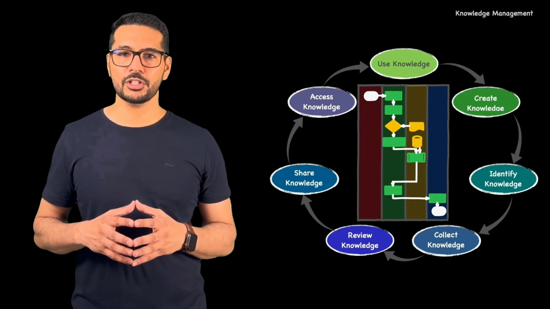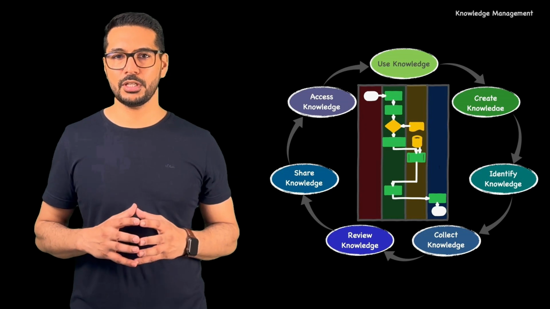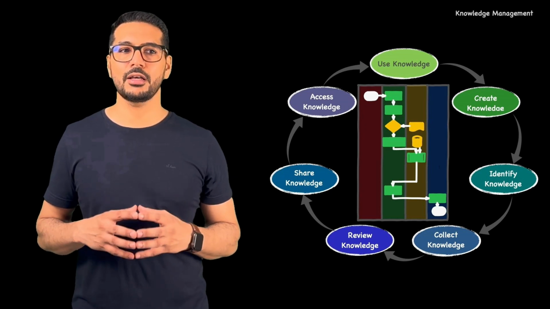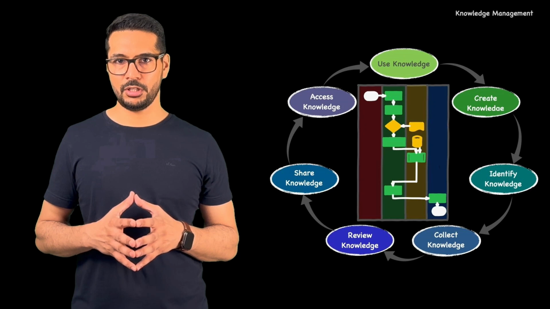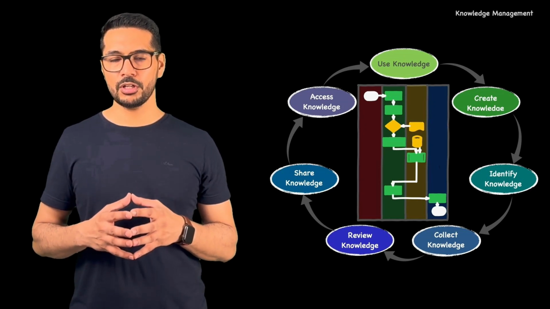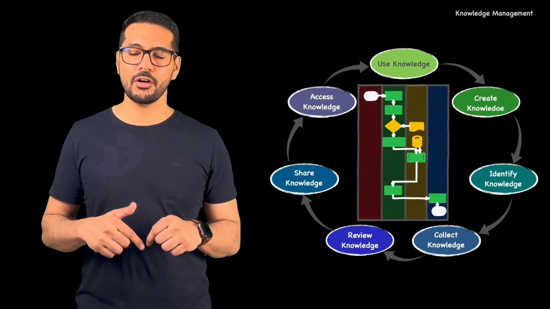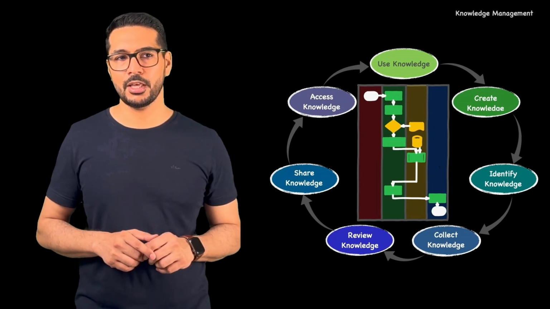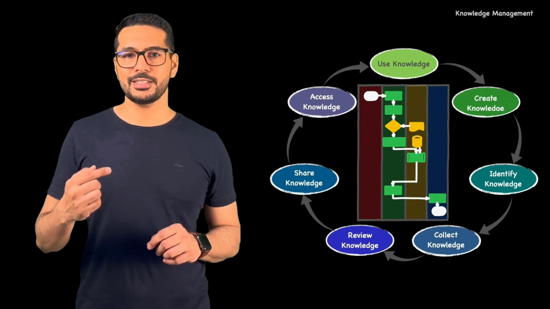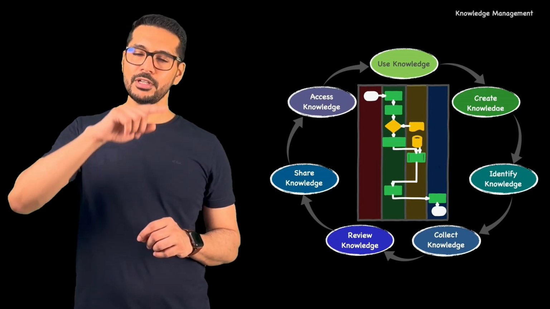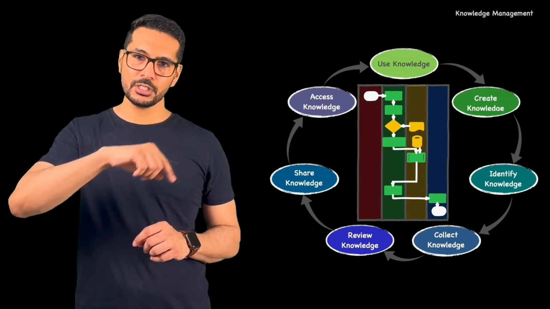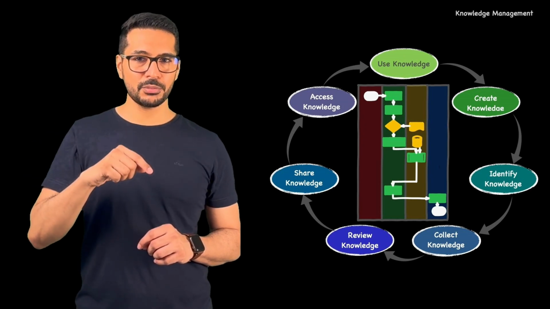So we have to make sure under this process that people are really using the knowledge, and if they are using the knowledge, they are performing the process, the business process, which is in the middle of the knowledge management processes. They will perform this process in a better way, and because every time we are performing, we are using the knowledge, we are improving the process.